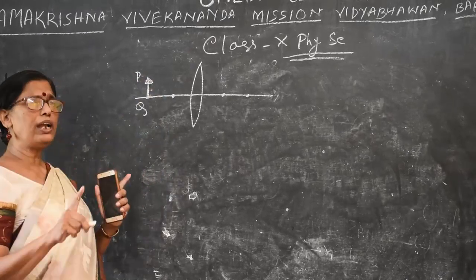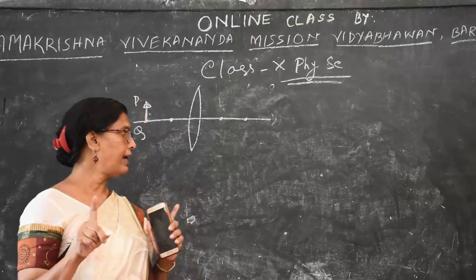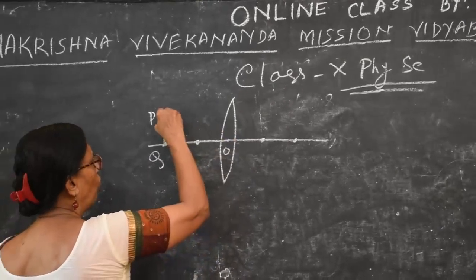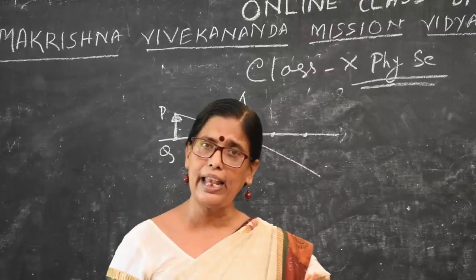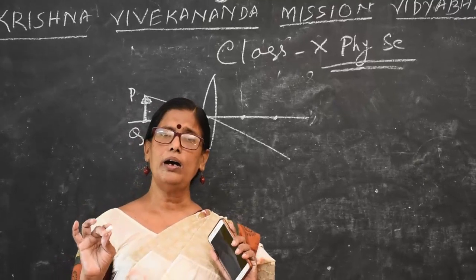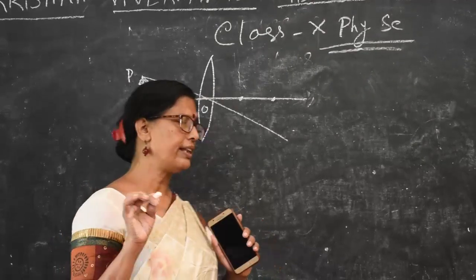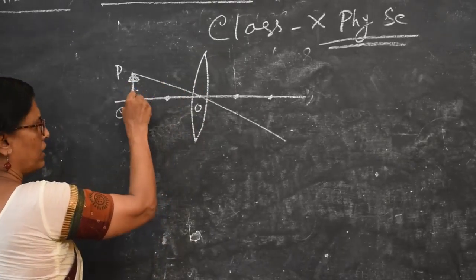Now when we draw an image, our aim is one ray comes through O directly. Please use pen and pencil. Don't draw it freehand. Freehand is a little more difficult. See, put a scale here. It is 2 centimeter. It is 4 centimeter.